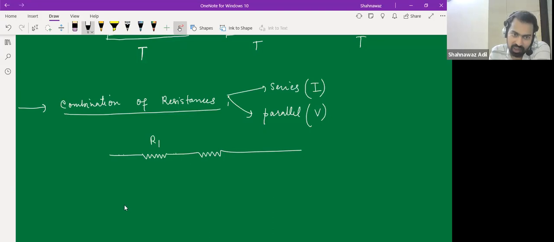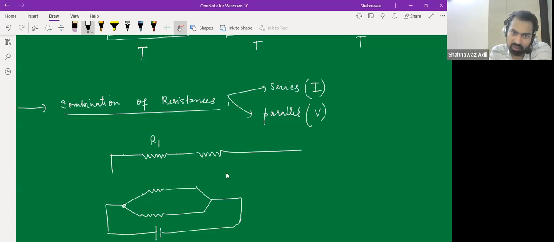And when we connect them this way, with one side attached to this point and the other side attached to the other point, this combination is called the parallel combination. This is series, and this is parallel.